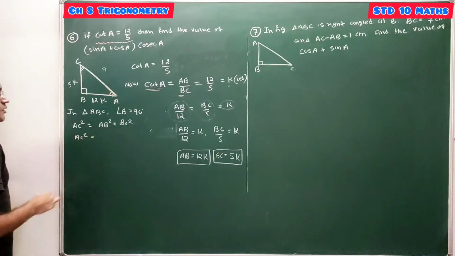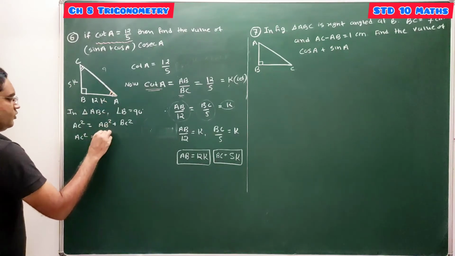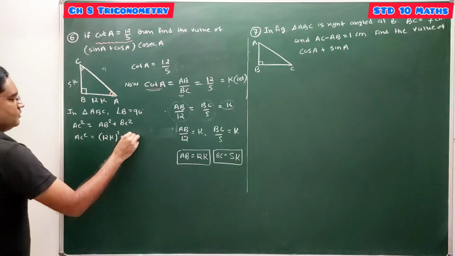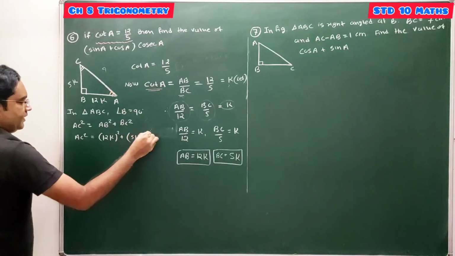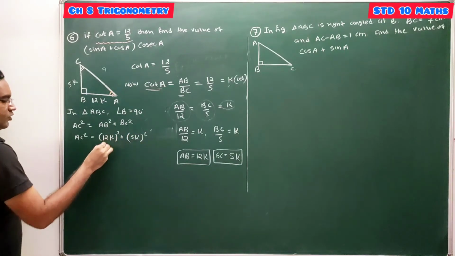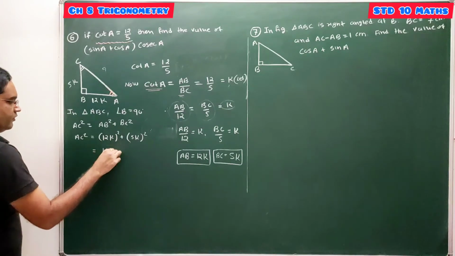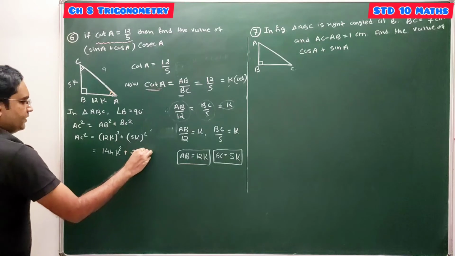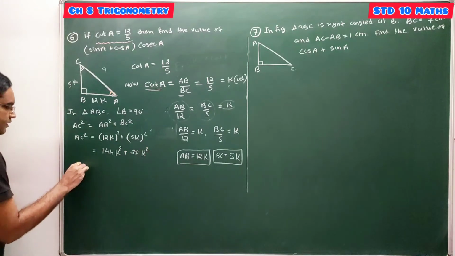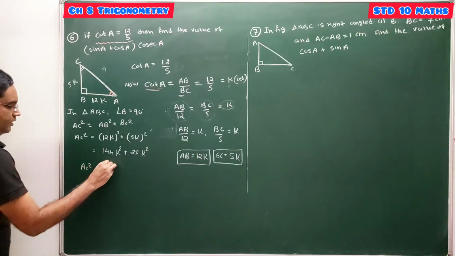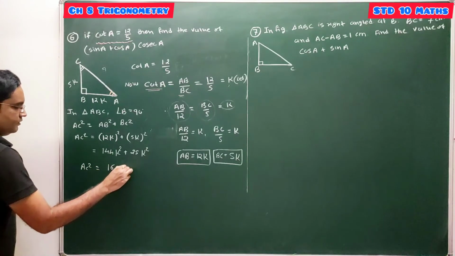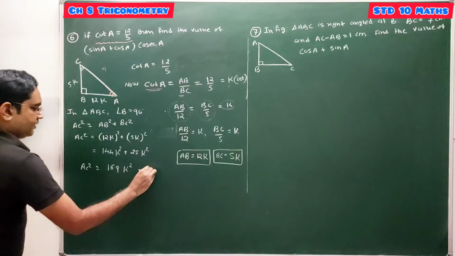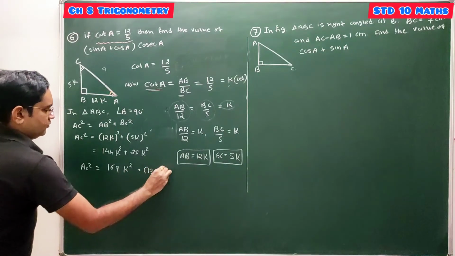Therefore AC square equals AB, which is 12K square, plus BC, which is 5K square. So 12 square is 144K square plus 5 square is 25K square. Therefore our AC square is 169K square. So 169K square is nothing but 13K whole square.